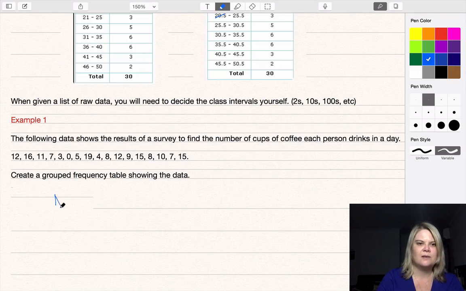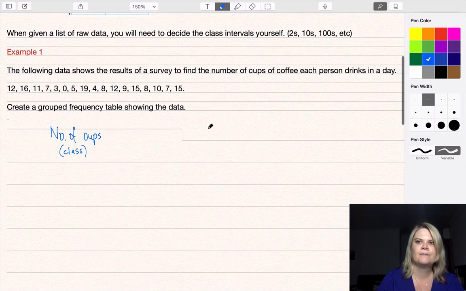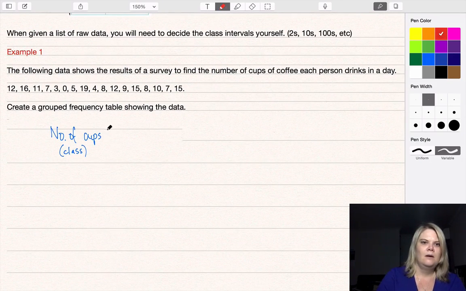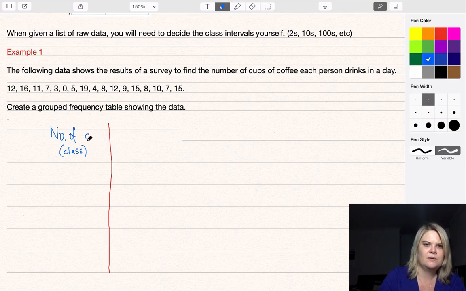So I'm going to name it number of cups, and I'll just put class interval in brackets. I'm going to draw a line down the side for our table.